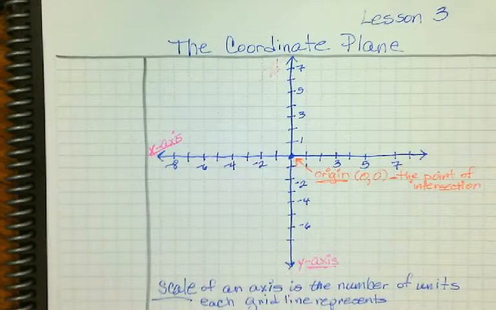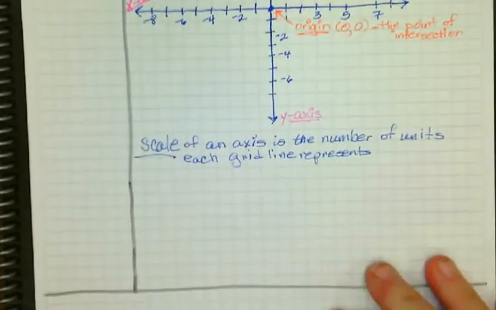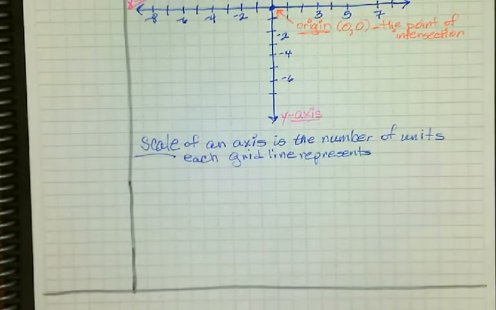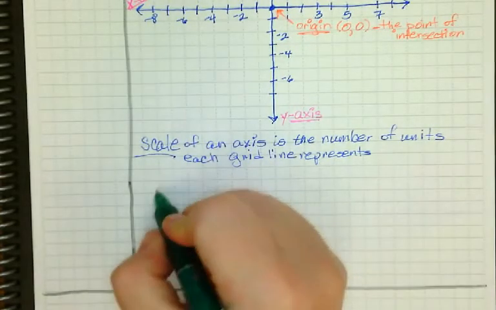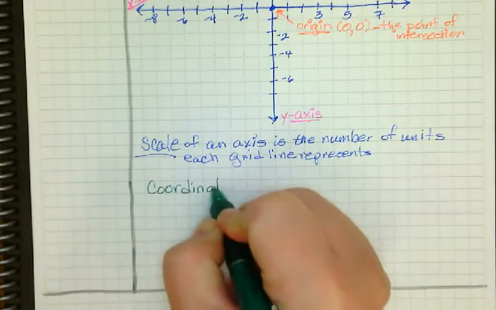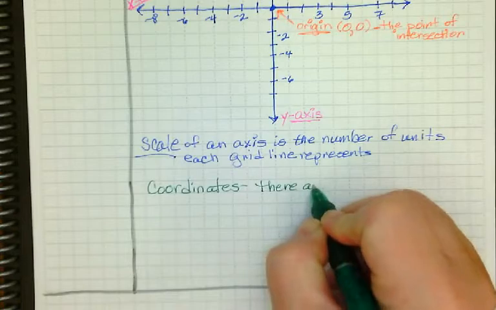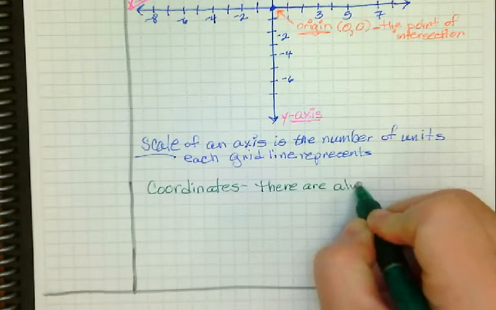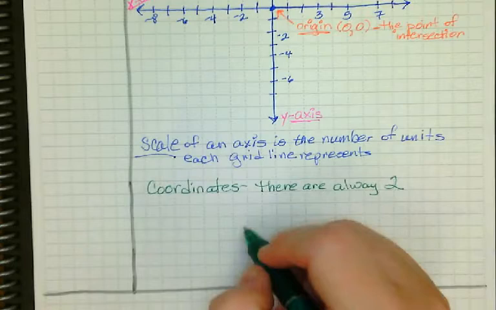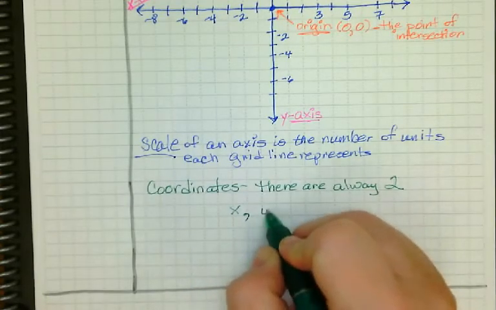And it's important to remember that, because I'm going to slide down just a little bit, then we'll come back up. You need to remember that your coordinates, because this is a coordinate plane, coordinates, there are always two. Okay? You have an x and you have a y.